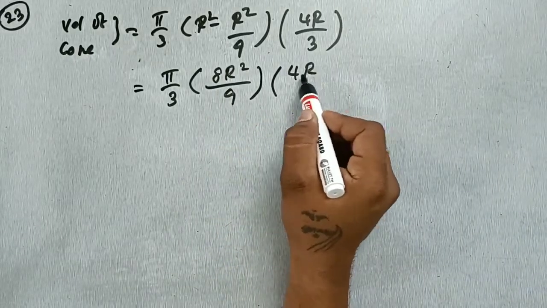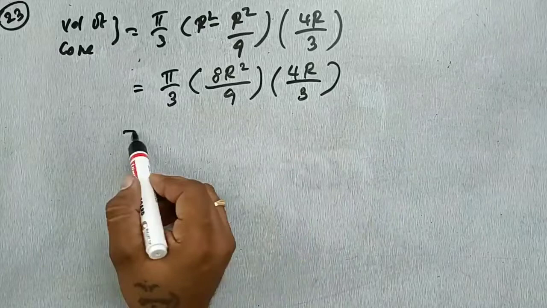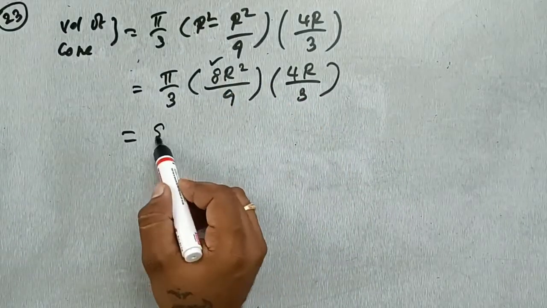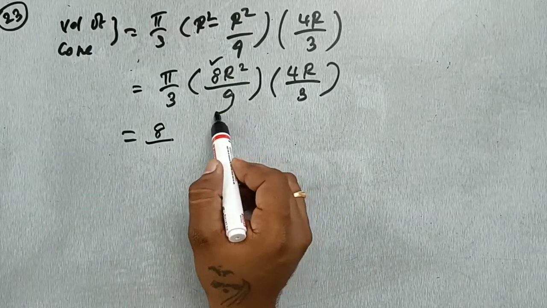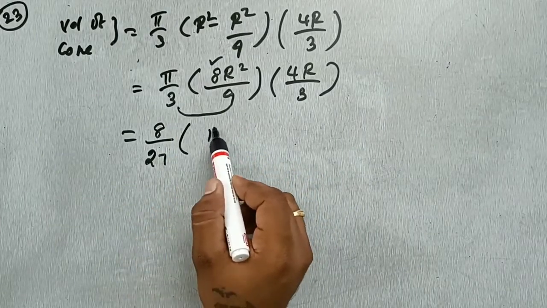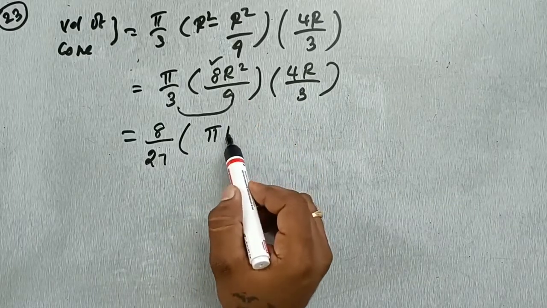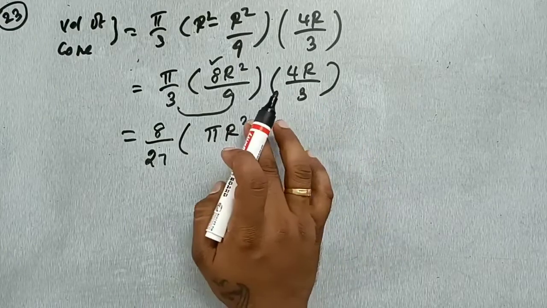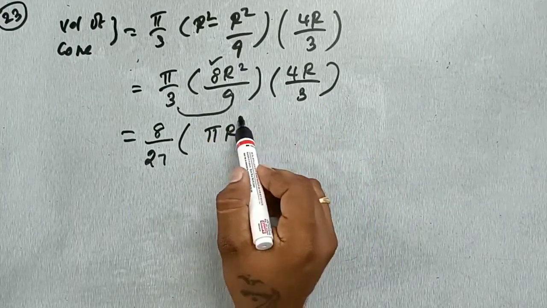Similarly 4 into r by 3. So I need 8 by 27. 8 is available, I can take 8 outside. 27 means 9 into 3, that I can take outside. Remaining will be pi into r square, and one more r is available, so it will be pi r cube.